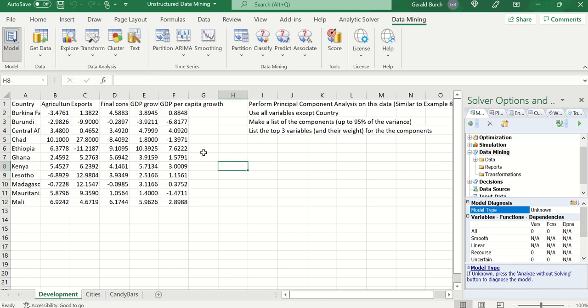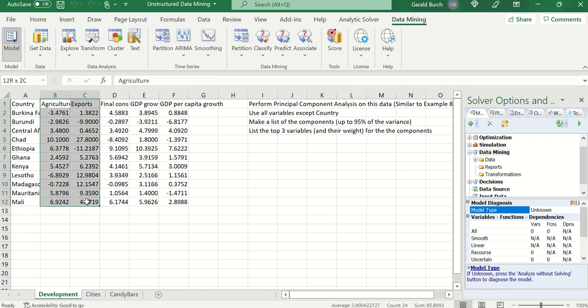When you're thinking about the very first component of this data mining, principal component analysis is one of the things that comes up. Principal component analysis is almost like trying to find linear relationships between different sets of variables.